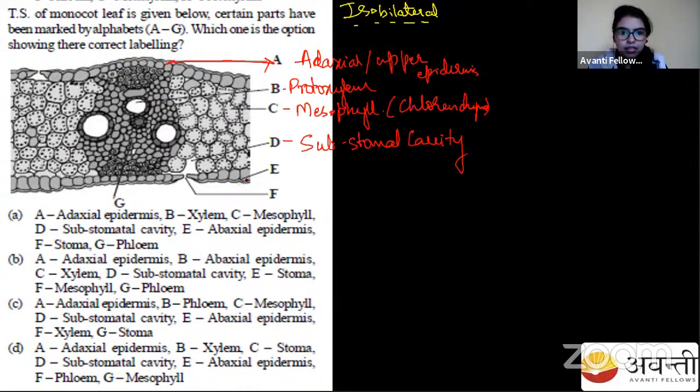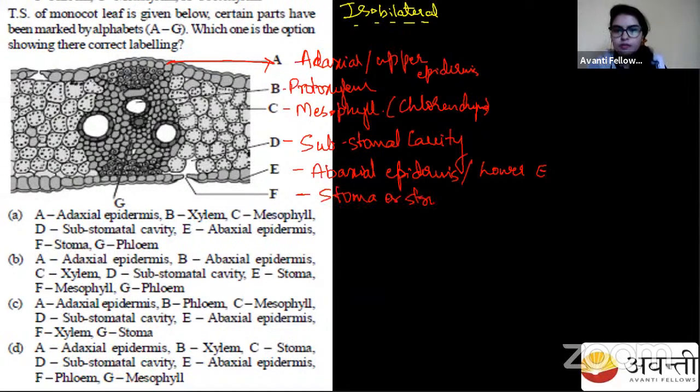And E. Okay, so the E is nothing but the abaxial epidermis or lower epidermis. Okay, so F is what? F is nothing but the stoma or stomata, right? So what else remaining?